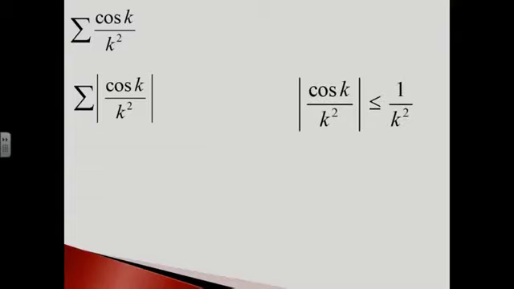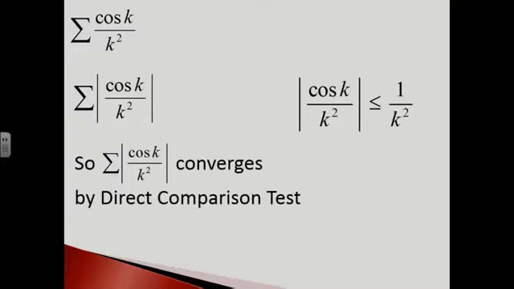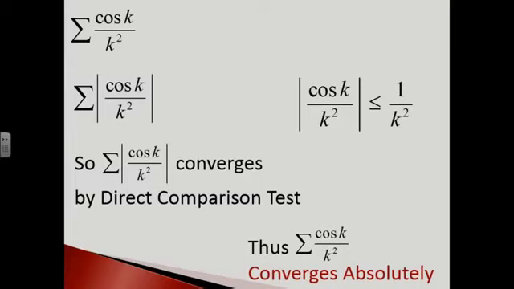Since the absolute value of cosine k divided by k squared is always less than or equal to 1 divided by k squared, and the series sigma 1 divided by k squared converges, the series sigma of the absolute value of cosine k divided by k squared converges by the direct comparison test. Thus, the given series converges absolutely.